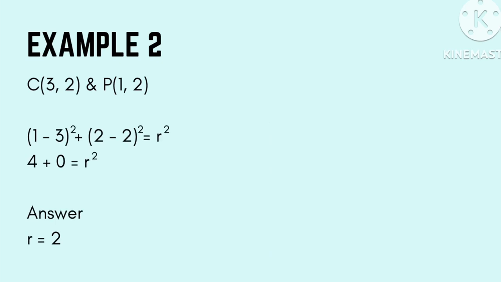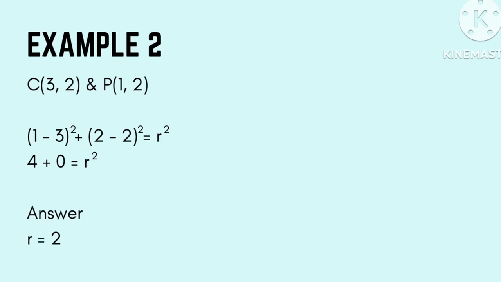Let's move on to our example number 2. Here we are given the center, which is (3, 2), and a point, which is (1, 2). Let's assume that the point is part of the arc or the circumference. Then we just have to substitute it to the standard equation. We already know that our center is the (h, k), and the point is interpreted as our (x, y).